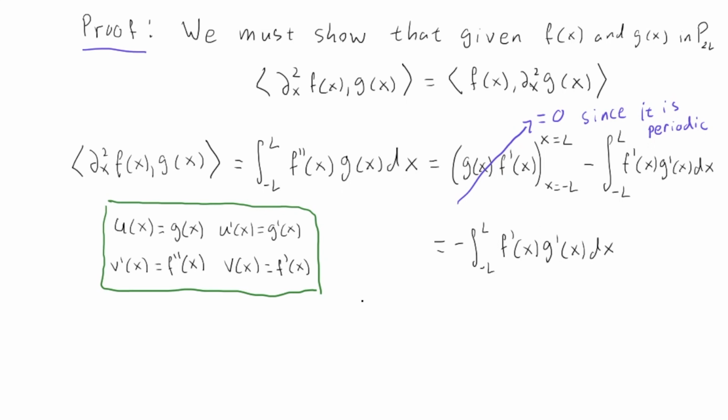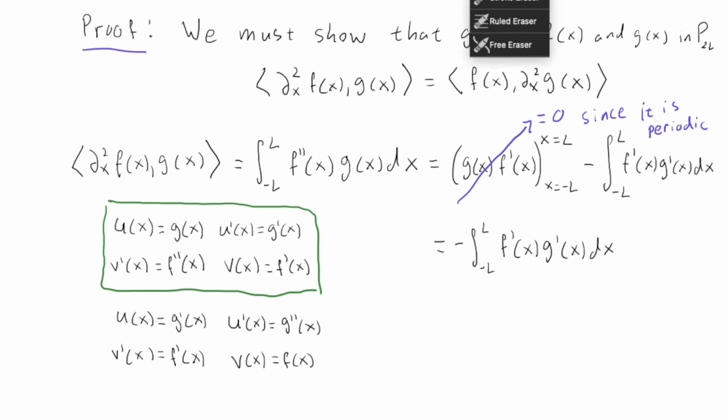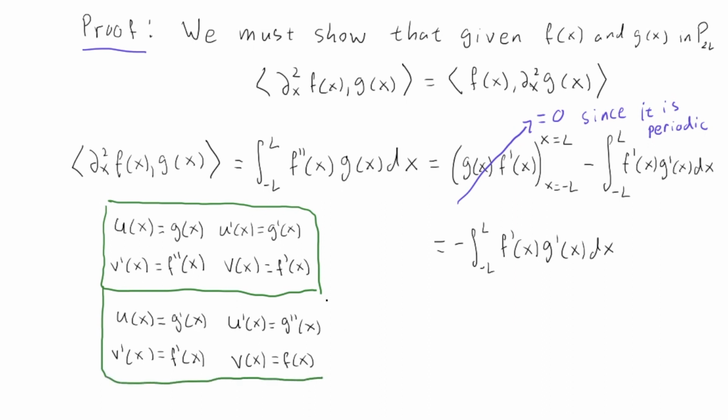We want to send the prime on f to g, so I'll write another scratch work here. u of x is the one that we're going to take a derivative of, so it will be g prime. u prime will then be g prime prime. v prime is going to be f prime. And then v of x is the antiderivative, f of x. So still just a little bit of scratch work here. Let me add to my previous.